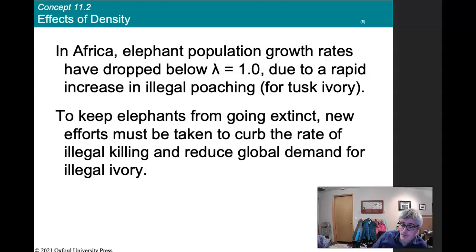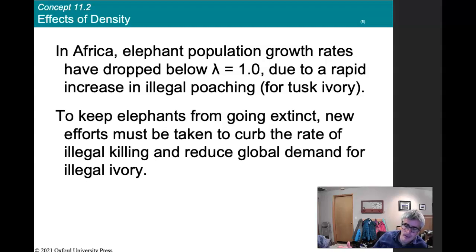In fact, what frequently happens is as populations decline, the black market value for those individuals actually goes up. But nonetheless, that's an external factor driven by an external market demanding that ivory rather than by some level of their population.